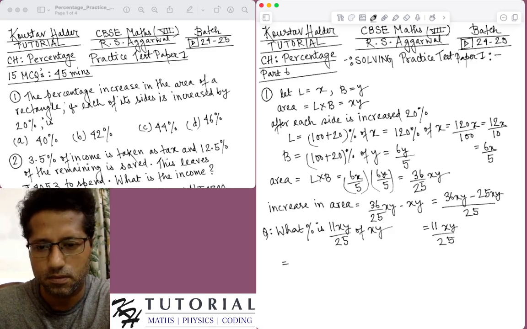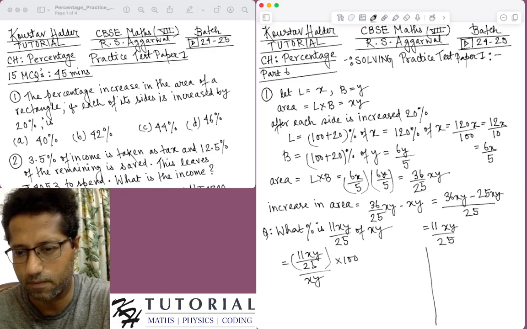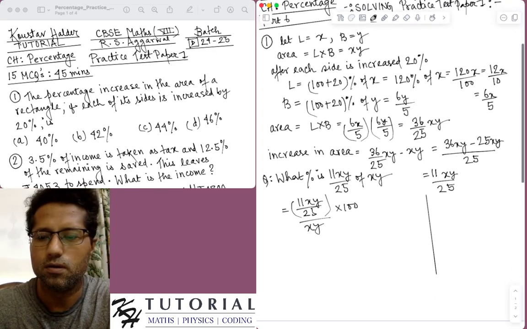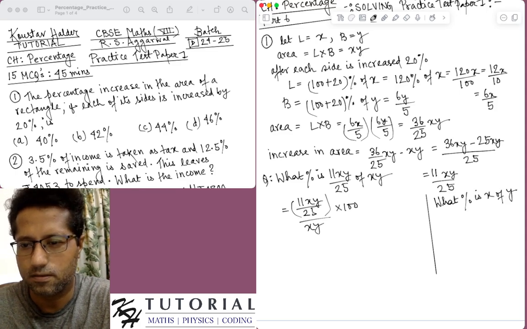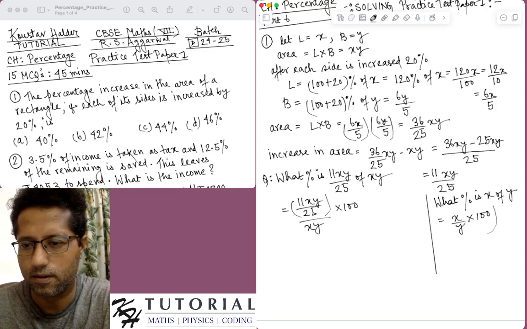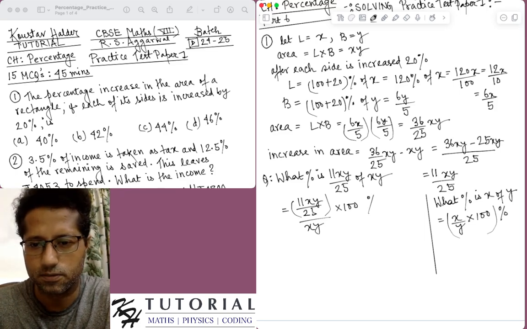This equals 11xy by 25 divided by xy multiplied by 100, because the concept we are applying is that if it is asked what percent is x of y, this is equal to x by y into 100 percent.